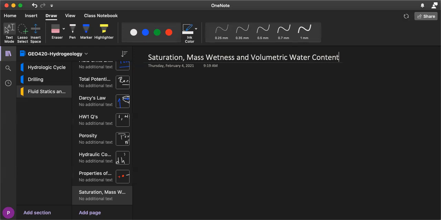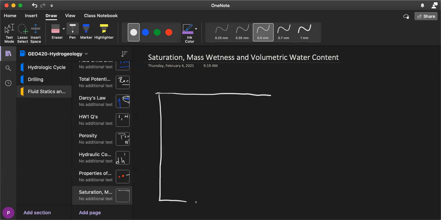And these are other properties of the porous media, or ways to describe the porous media, and in particular, the amount of water. So let's say I've got some porous media here. I'm not going to do 3D.